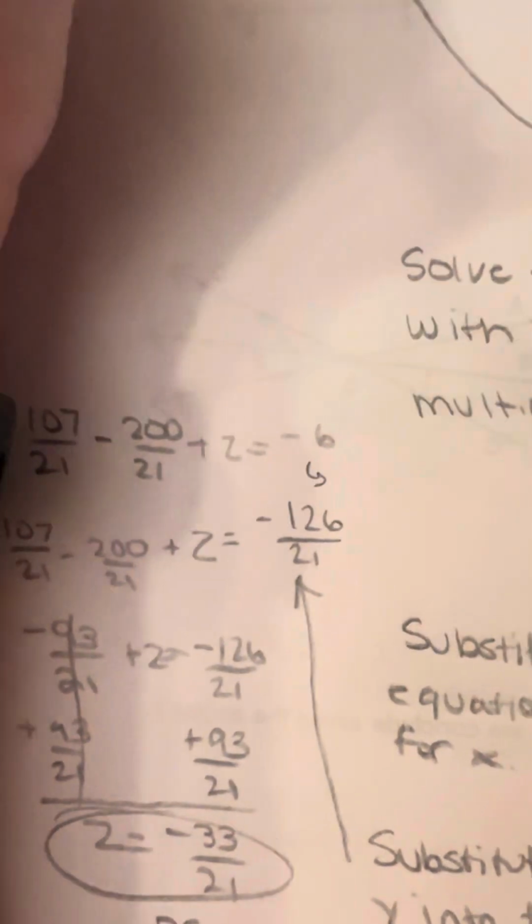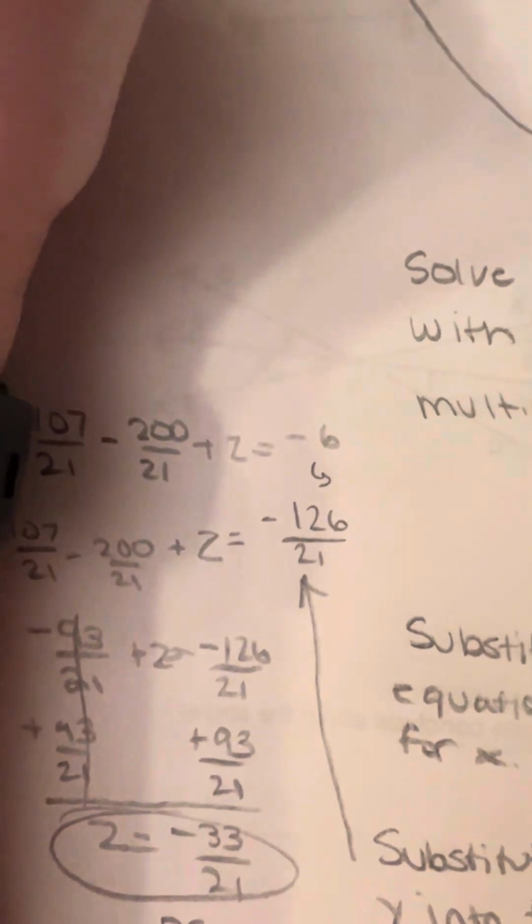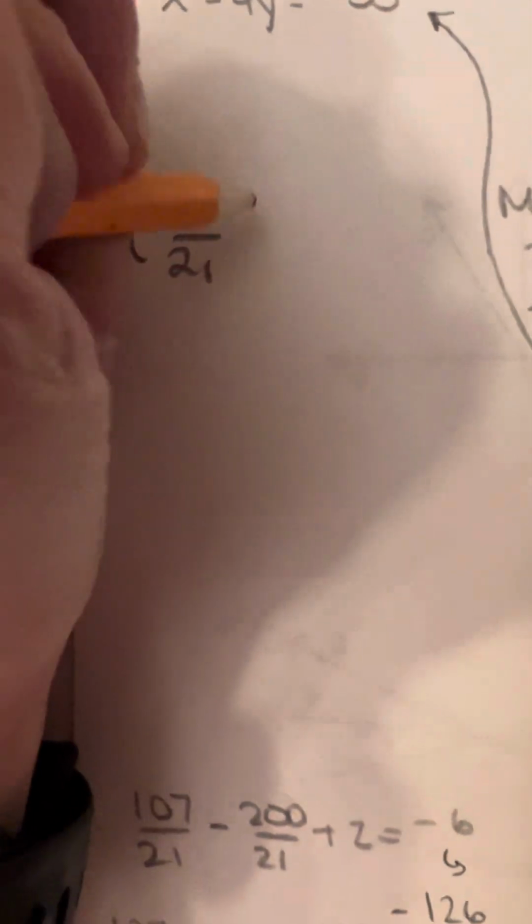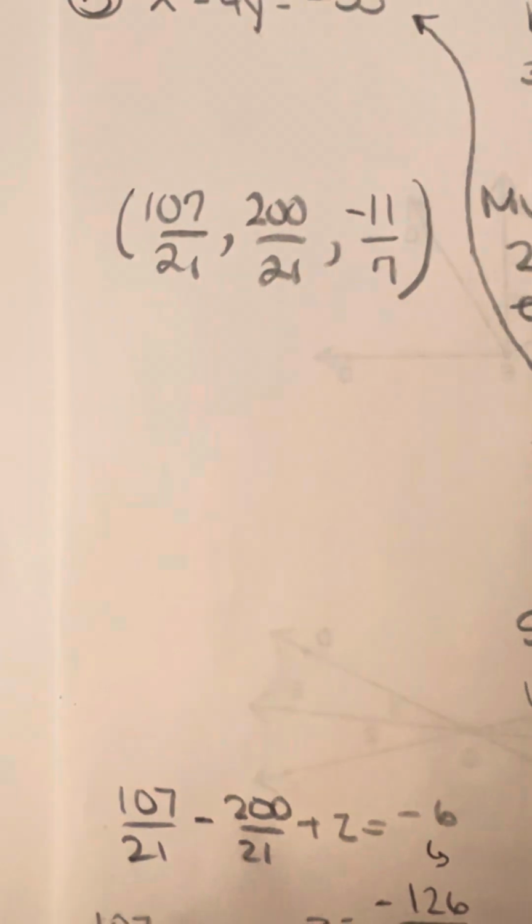So our 3 answers would be 107 over 21 for our x, 200 over 21 for our y, and -11 sevenths for our z.